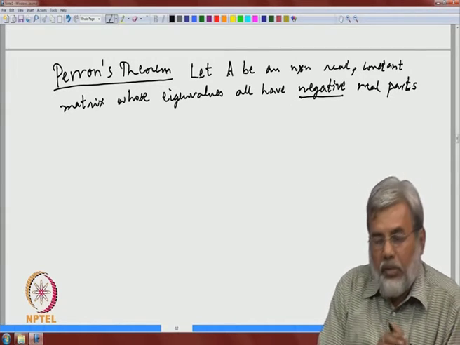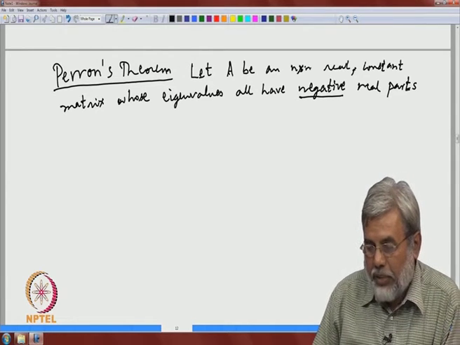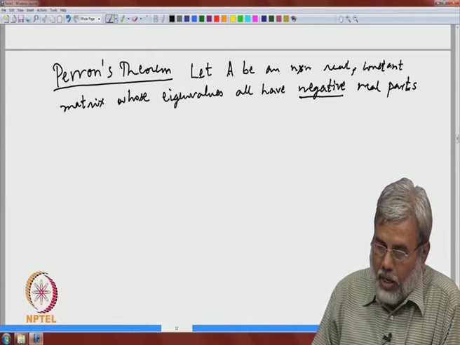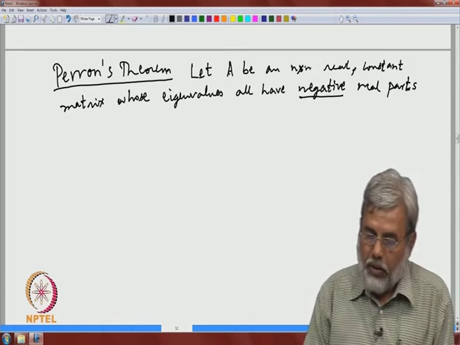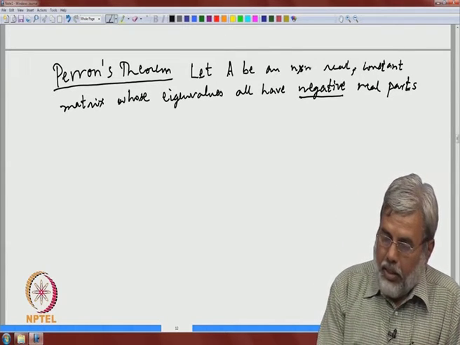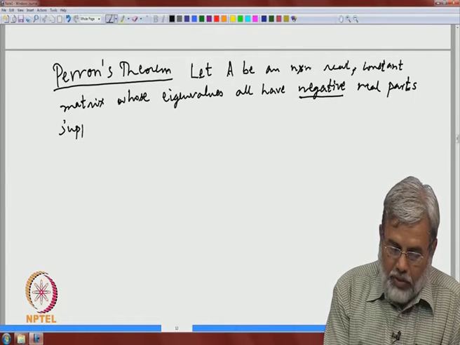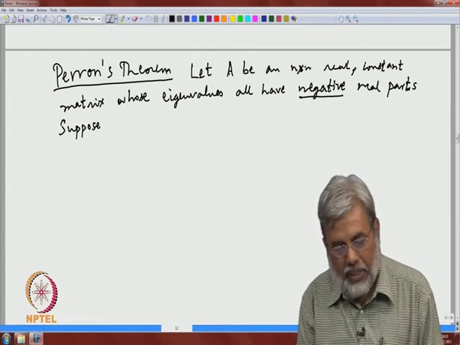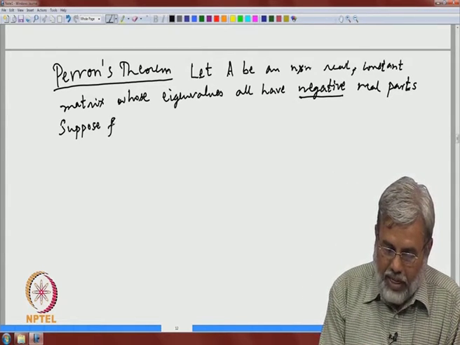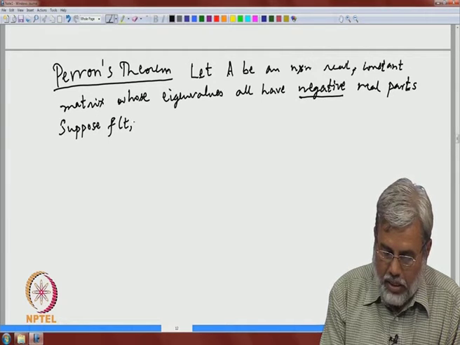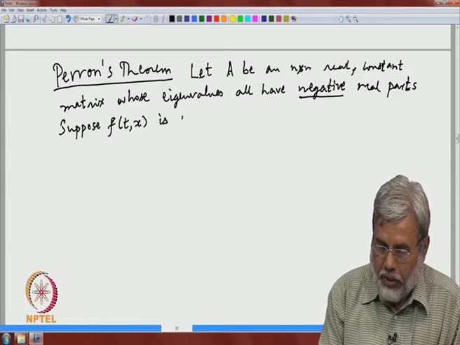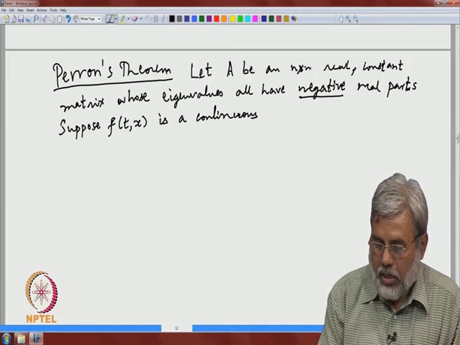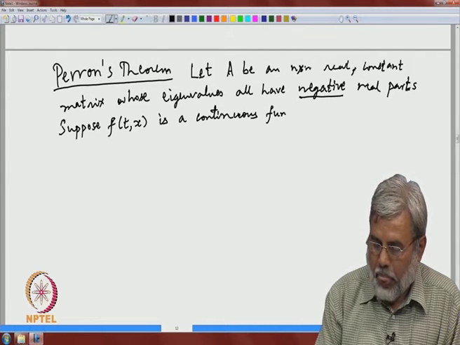And in this case, we know that for the linear system x dot equal to A x, the origin is asymptotically stable. So, this is one of the cases. In fact, Perron's theorem considers a more general perturbation. So, f(t, x) is a continuous function, so we do not even worry about uniqueness.